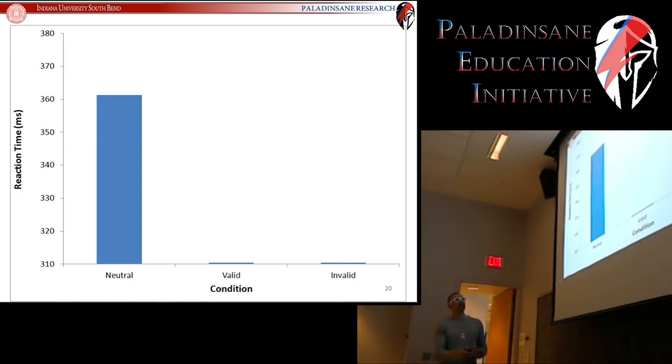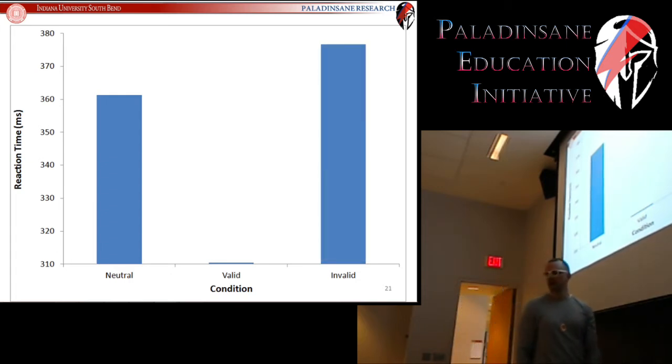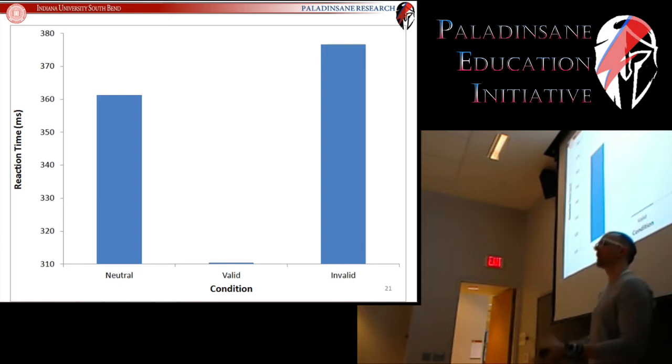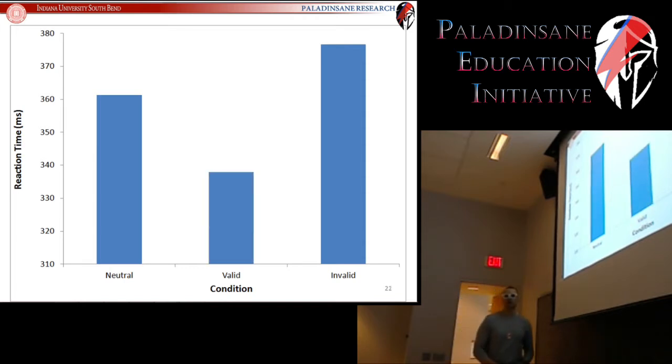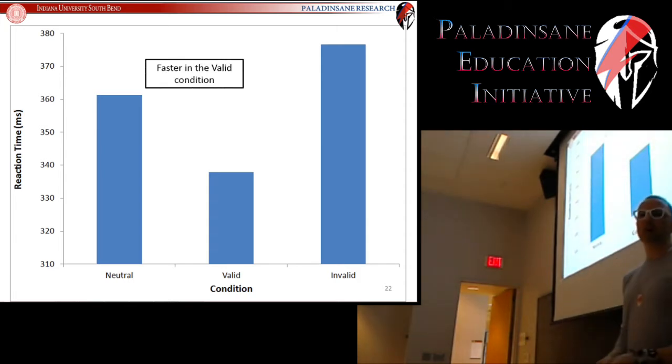When we take a look at the invalid condition where the arrow was lying to you, you took more time to make it to the target. So there was an additional time penalty for moving your attention to the wrong area and then having to bring it back across the screen to where the target was. And this is further given evidence for in the valid condition, where you were much faster than the neutral condition.